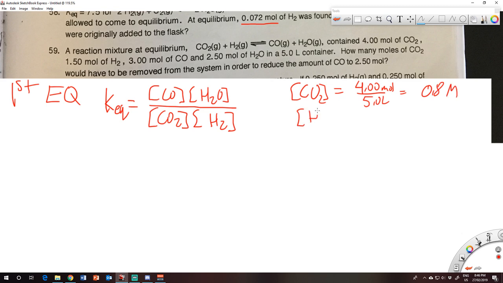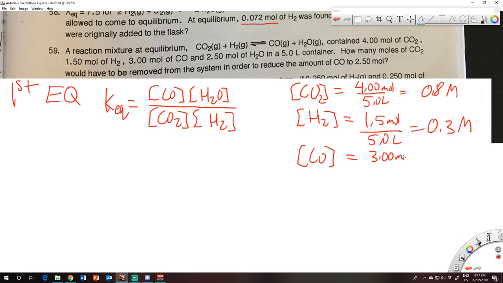Next is the concentration of H2, 1.5 moles over 5 liters, so this will be 0.3 molar. Concentration of CO equals 3 moles over 5 liters, so that's 0.6 molar, and then concentration of H2O is 2.5 over 5, so that'll be half a molar.